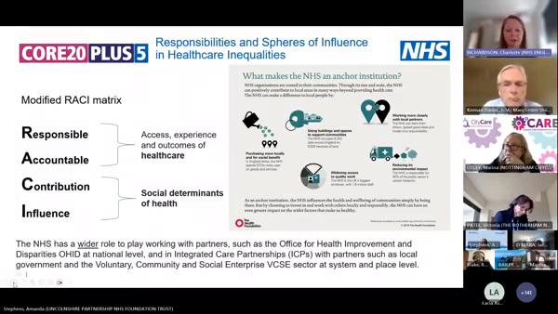So the graphic on the left from the Health Foundation shows what the NHS can do as an anchor institution. Due to the size and scale of the NHS as an organisation, there's significant purchasing power, areas for activity and recruitment, buildings and estates, and all ways in which the wider determinants of health can be influenced.